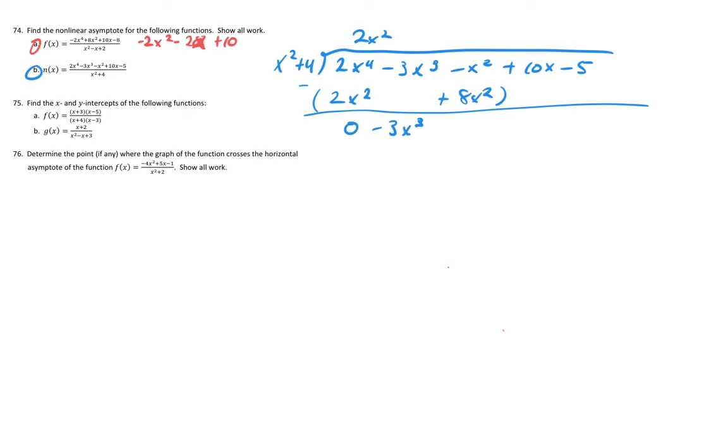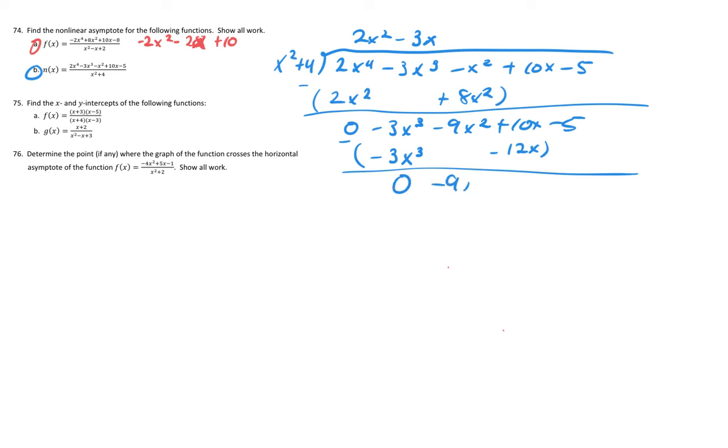Negative 3x cubed minus 9x squared plus 10x minus 5. What to get to there? Minus 3x. So minus 3x cubed minus 12x. Subtract that off. 0. Minus 9x squared plus 22x minus 5.